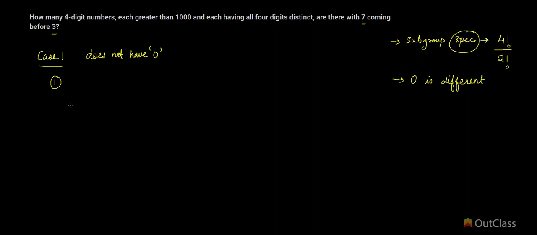After selecting 3 and 7, I have to select 2 more items from the remaining 8 digits. I have 0, 1, 2, 3, 4, 5, 6, 7, 8, 9. I've selected the 7, I've selected the 3, 8 items remain, but I can't choose 0. So there are 7 items left from which to choose, and I need to choose 2 items. So that's 7C2, step 1.